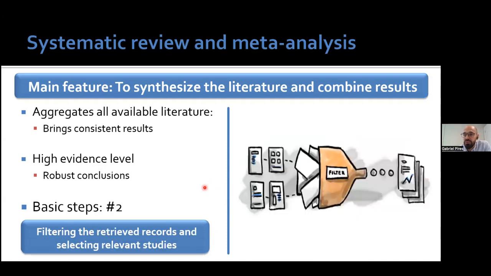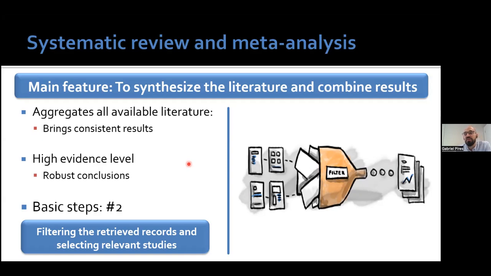Once we screen the literature, so when we go to the databases, anyone who has had the experience of entering PubMed knows that every possible search strategy will bring some non-intended search records within it. So we have to filter those search records to keep those that are relevant to our research question.